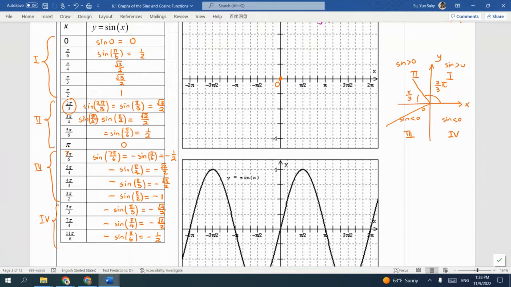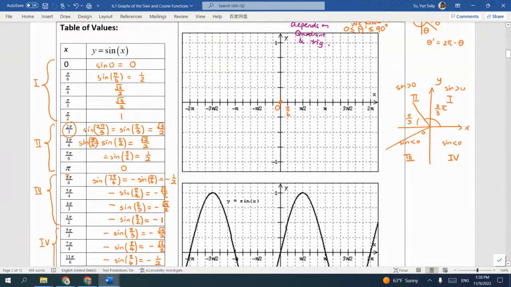Is that okay, everybody? The value is 1/2. That's 1, so 1/2 is right here. So we put this point.